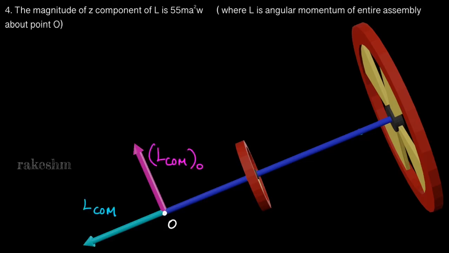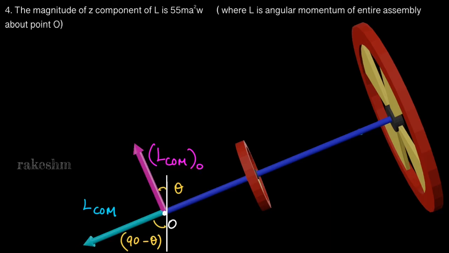So we know that the angular momentum of this entire assembly about O is angular momentum about its center of mass plus the angular momentum of the center of mass about O. So these are the two vectors, and the net angular momentum is the sum of these two vectors. We have found out the values of these vectors in the previous question.